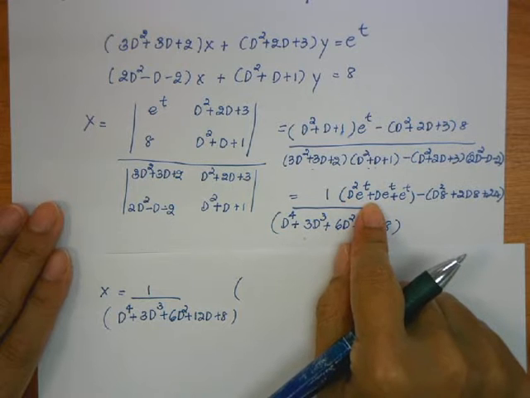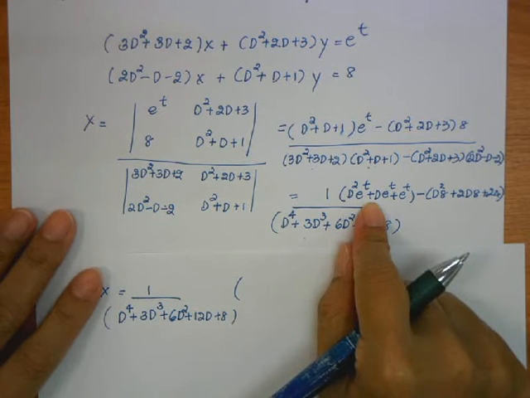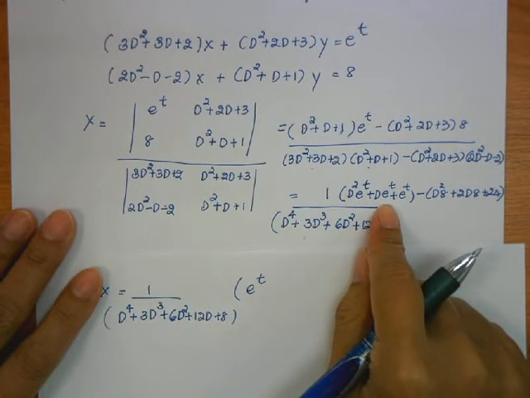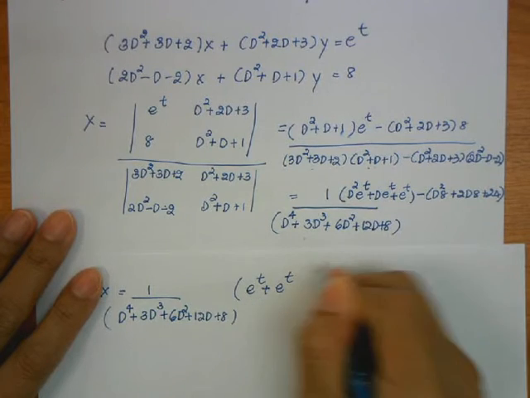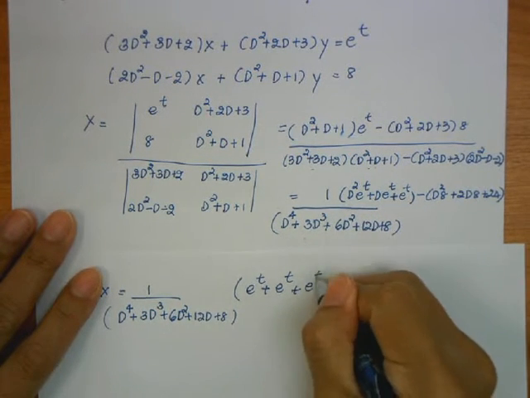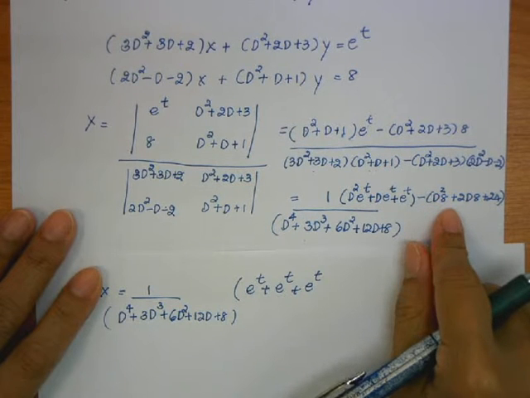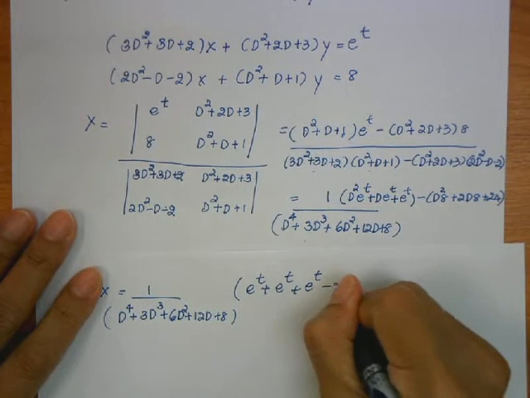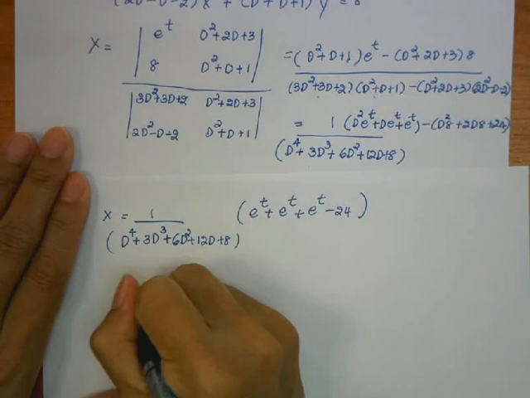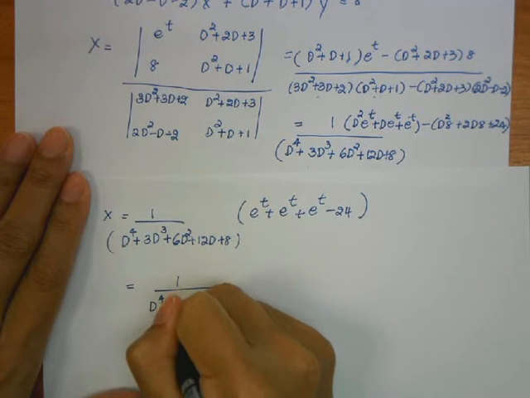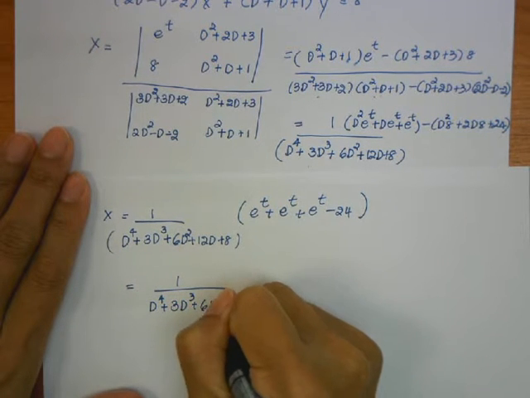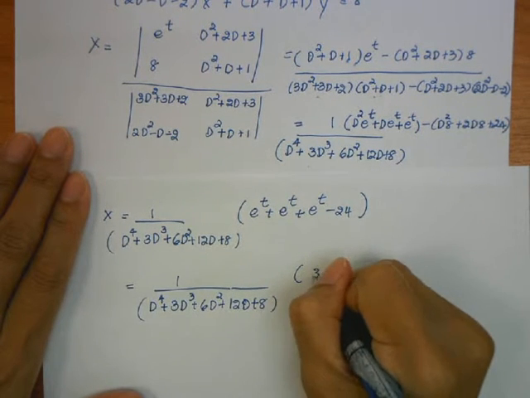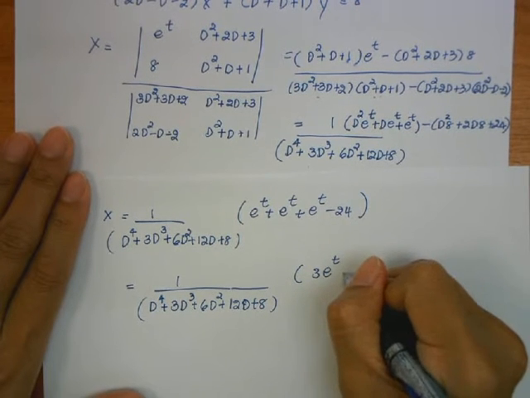Second derivative of exponential of t is equal to exponential of t. The first derivative of exponential of t is equal to exponential of t. Second derivative of 8 is 0. First derivative of 8 is 0. Now you get only minus 24, which is equal to plus 8, right? 3 times exponential of t minus 24.